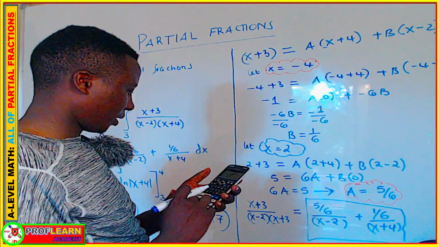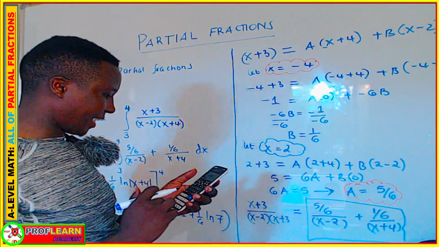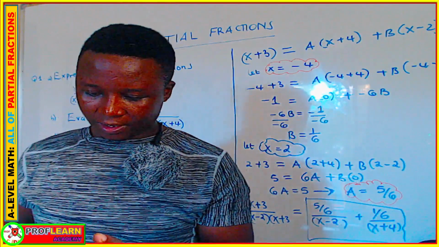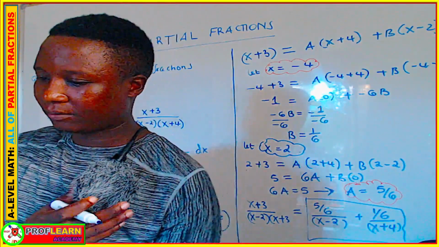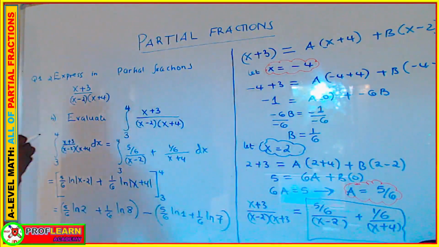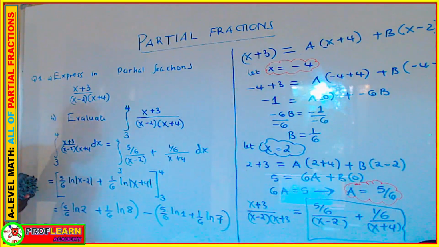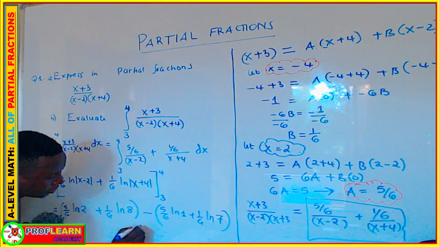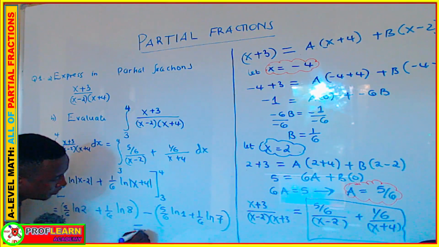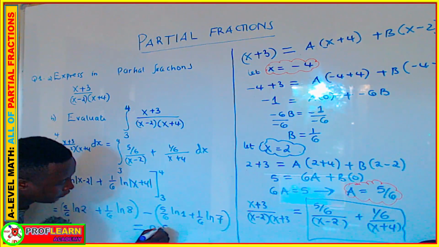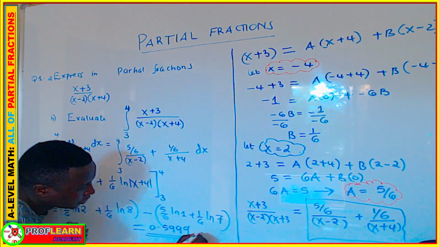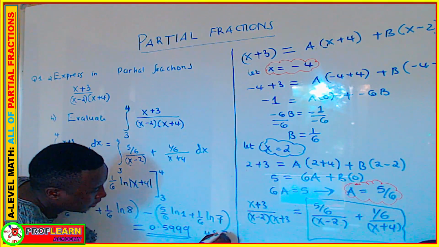If I work this out, I'm getting 0.5999, correct to 4 significant figures. So the final answer at this particular point is 0.5999, given correct to 4 significant figures.